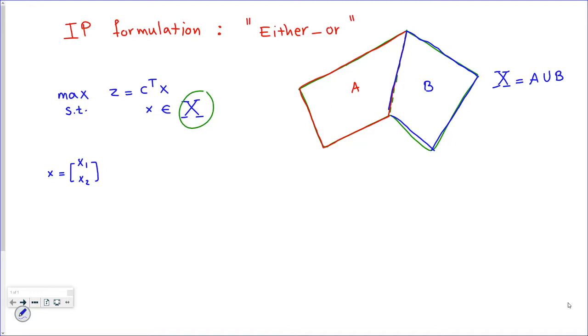Also, if we just want to consider the points in B, we can cast it as another linear program, right?